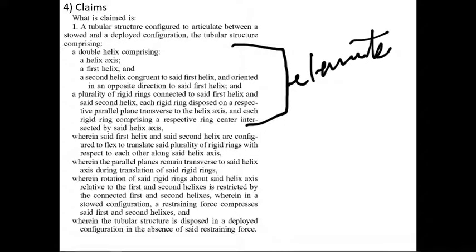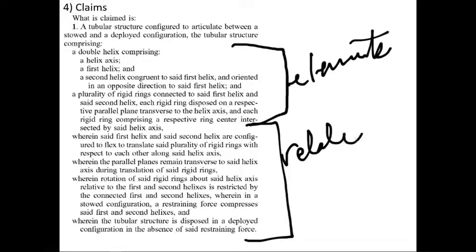This double helix and these rings that are connected to that double helix. But it's not enough just to list the parts. You have to list how these parts relate to each other to do what the invention is supposed to be doing. So this first claim is an independent claim.